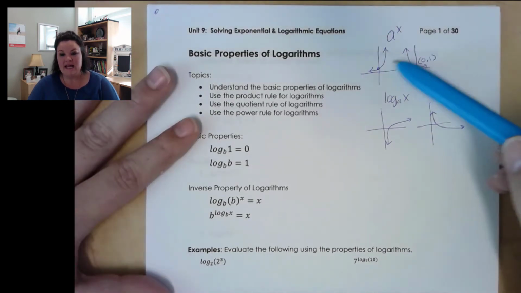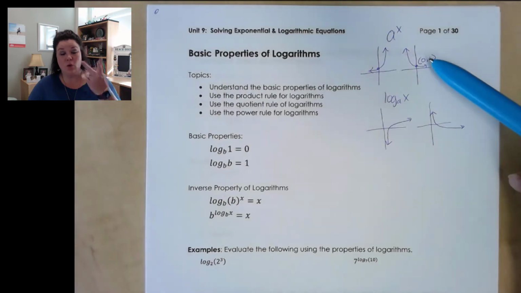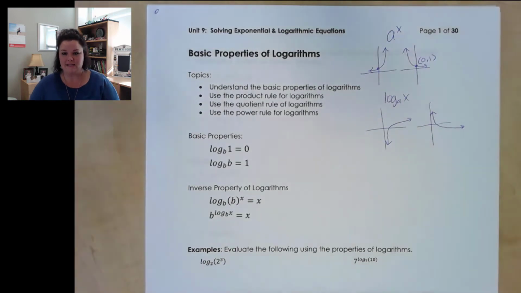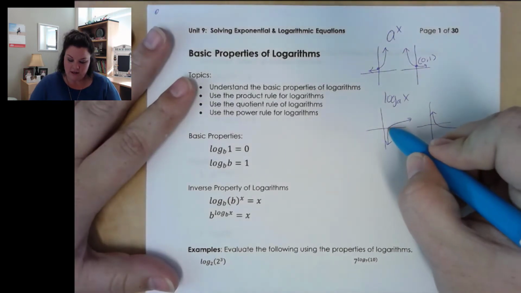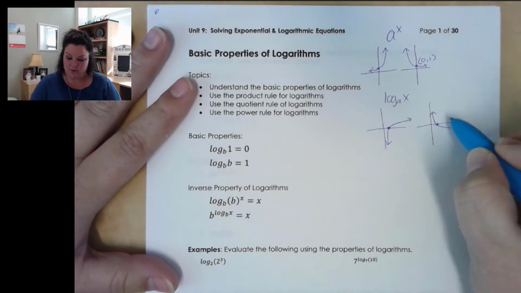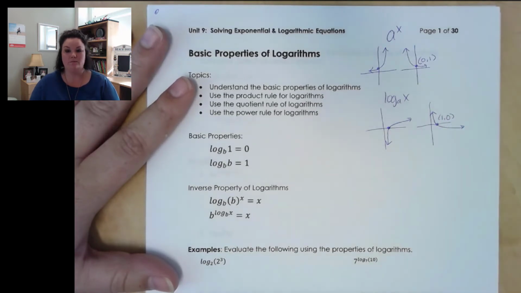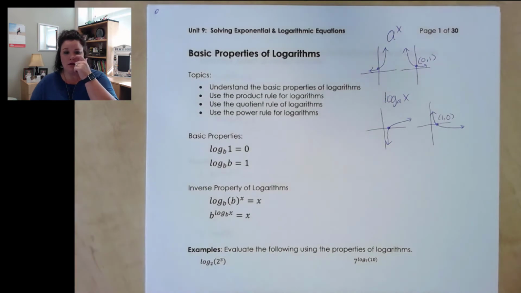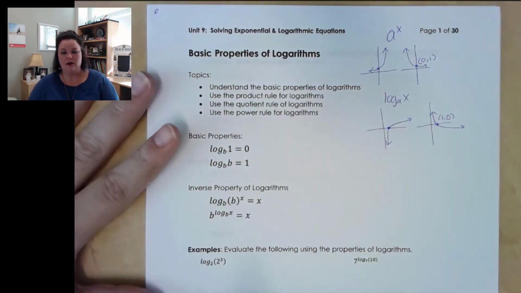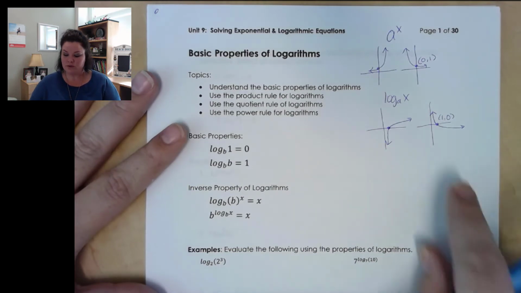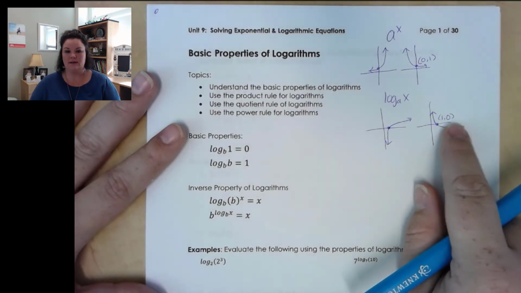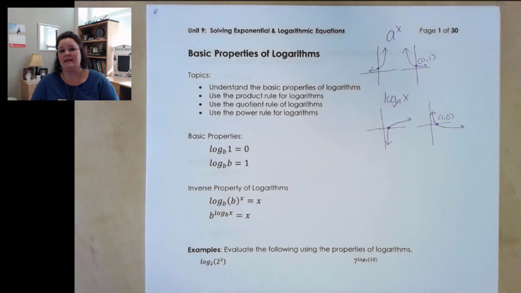So whenever we take those ordered pairs and we swap all the x's and we swap all the y's, then what we end up with on our log graphs is the point (1, 0), okay? And that's true for any log function in its most basic parent form, that it will go through this point (1, 0).